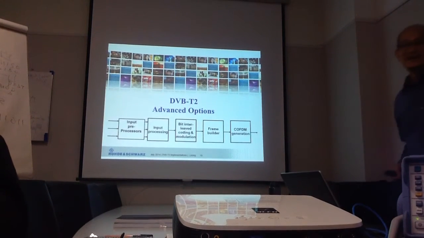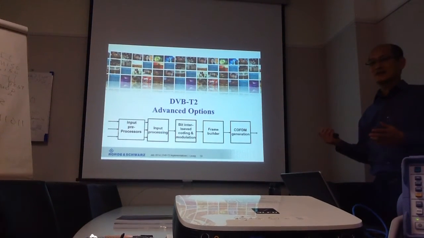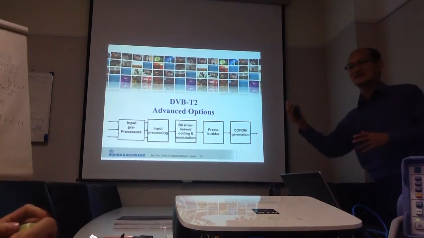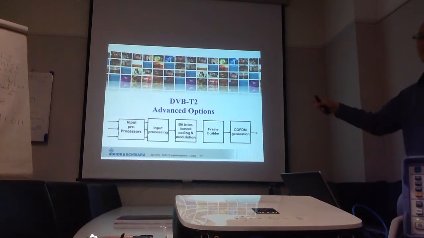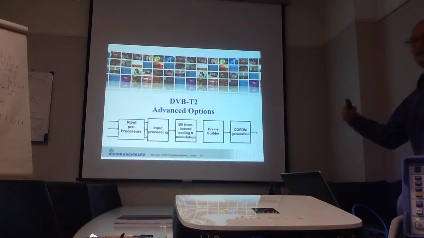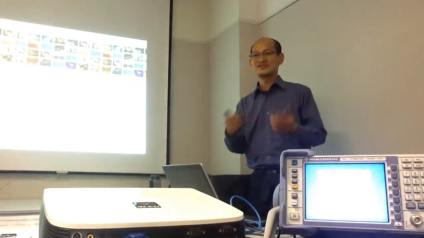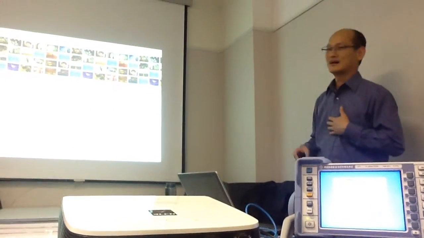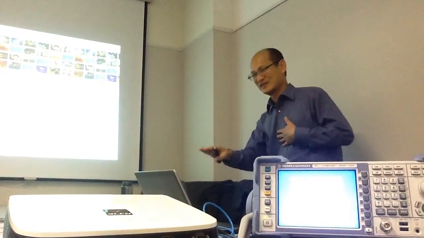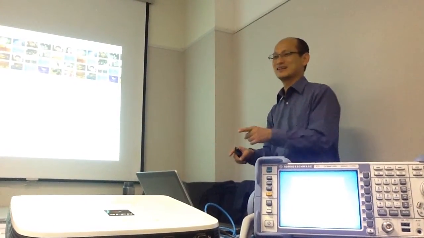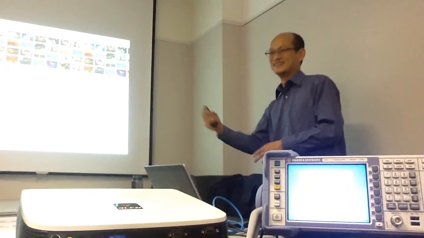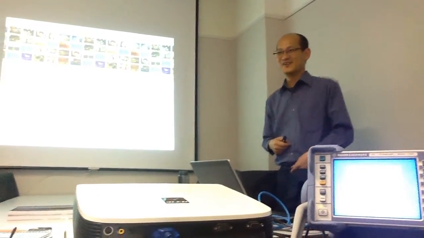Because after 3 years, the last time I came, now your knowledge is also very advanced. That's why I planned advanced options, advanced functions, because you are already very experienced. Also you have done many trials. 3 years ago in MBTC, it was only basic, level 1. Now level 2. Maybe 1.5.